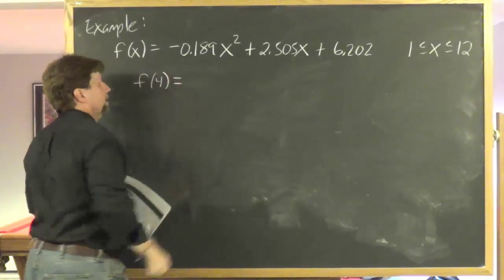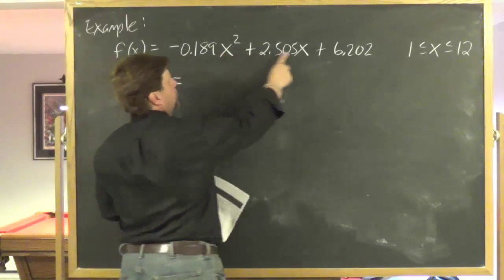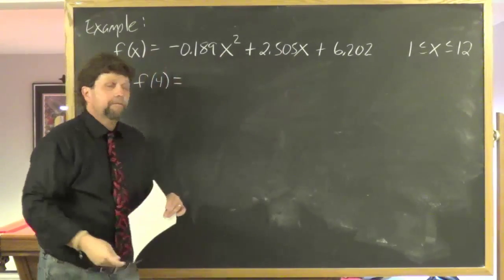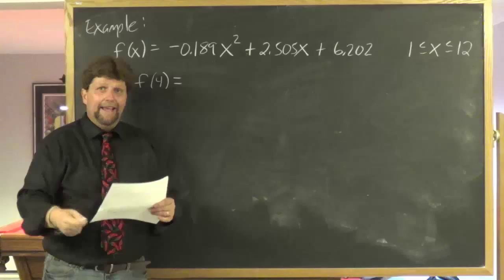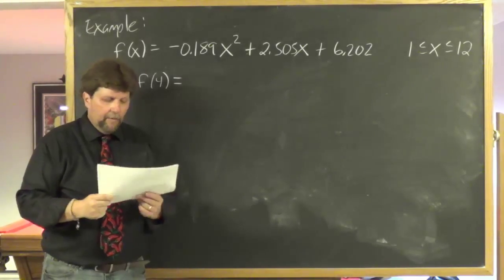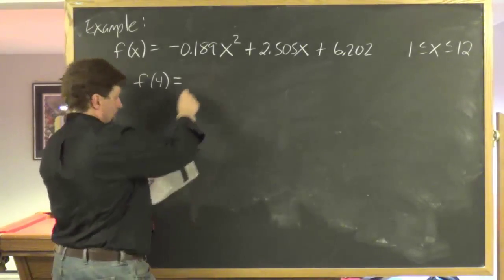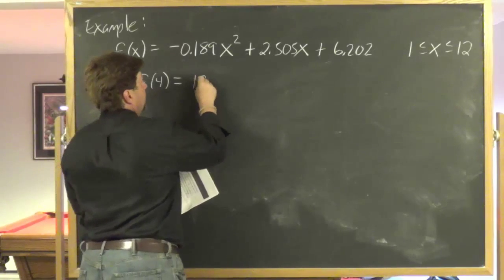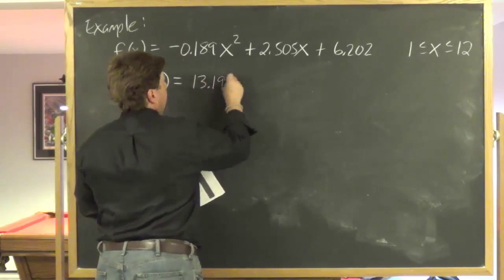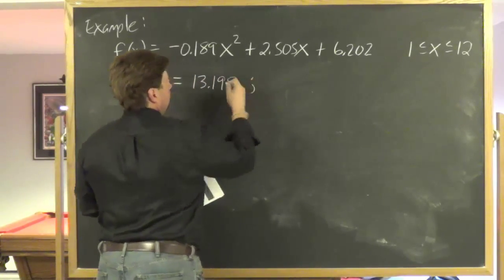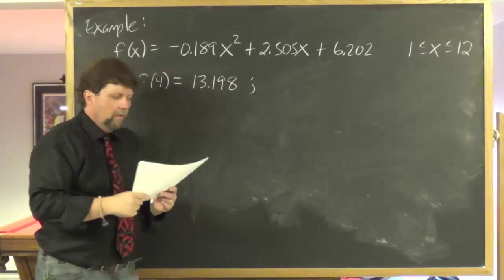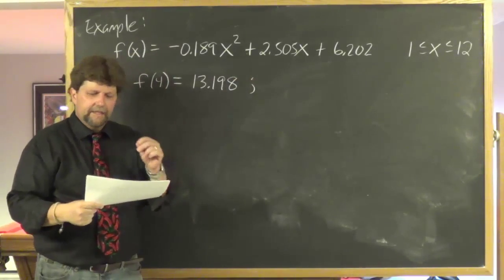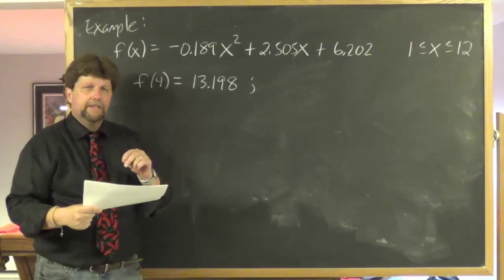Okay, to find f of 4, you're going to put 4 into the x's, and believe me, I am using my calculator to do this. When I toss 4 in for all the x's, I get 13.198. What does that mean? Well, x is the number of months since December 1st, 2010.